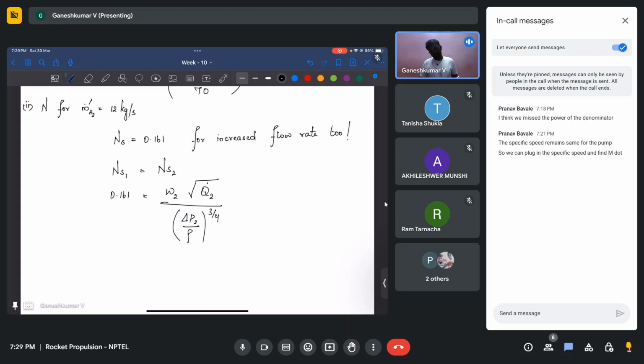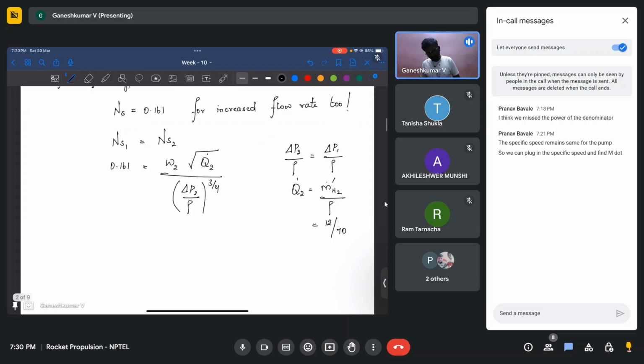Only thing is, delta p2 by rho is the same as delta p1 by rho, which means the same head. And q dot 2 is going to be m dot dash of h2 divided by rho, which is nothing but 12 by 70. So this will give us omega 2.